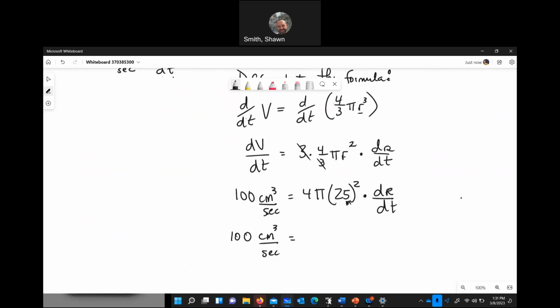Four times 25 squared. We write it this way, maybe it might get a little bit deeper now. It's okay. 25 squared is 625 meters squared dr/dt.